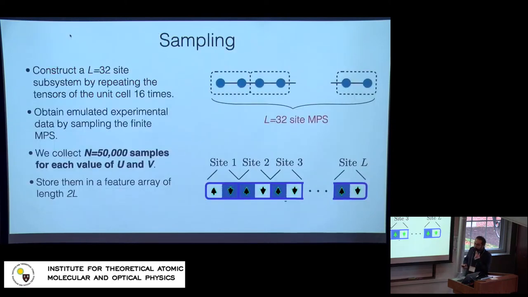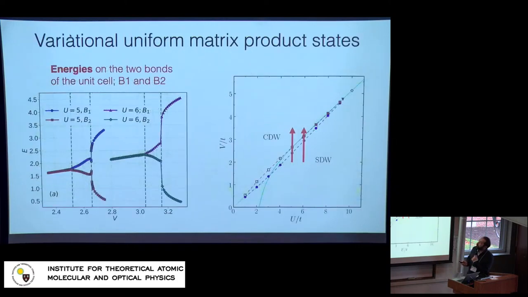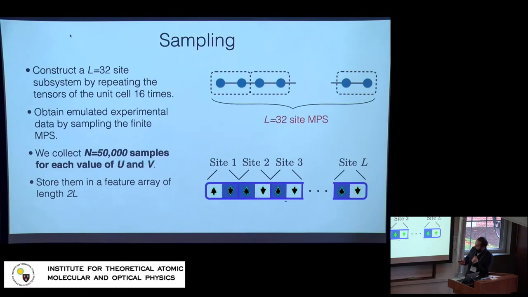So I'm going to tell you about sampling a little bit. This was the work by two of the collaborators. I'll just mention quickly that to sample, we want to do that on finite systems.